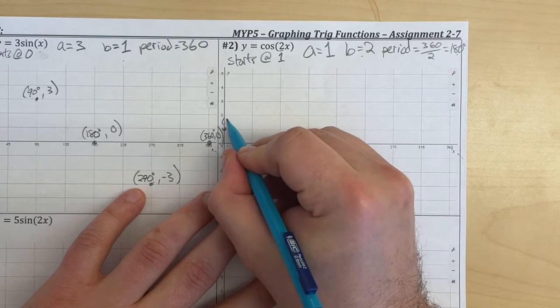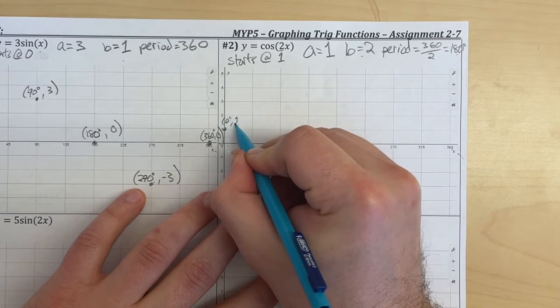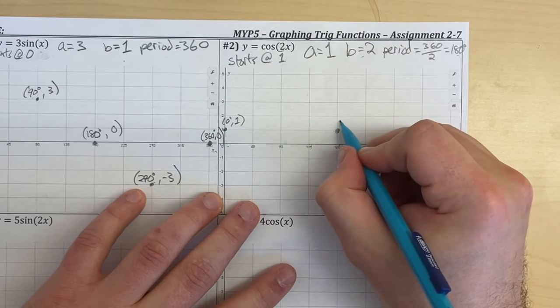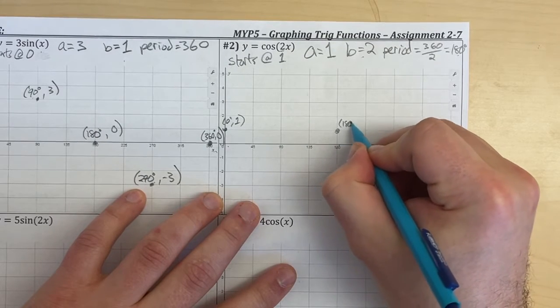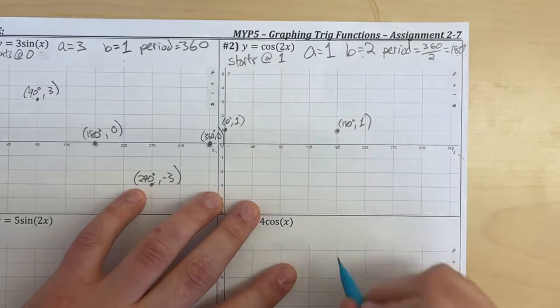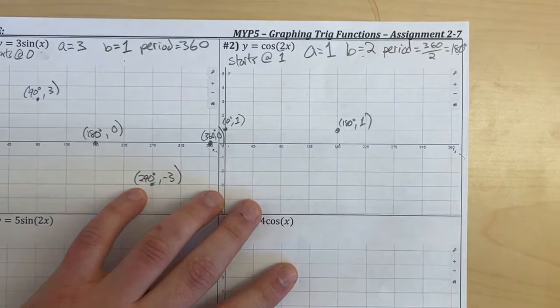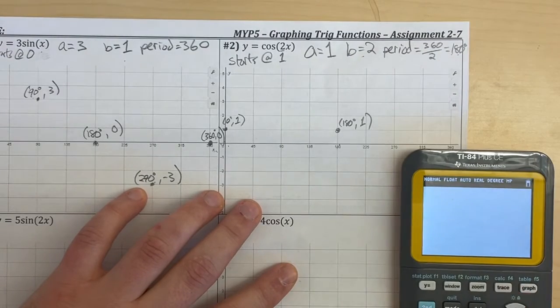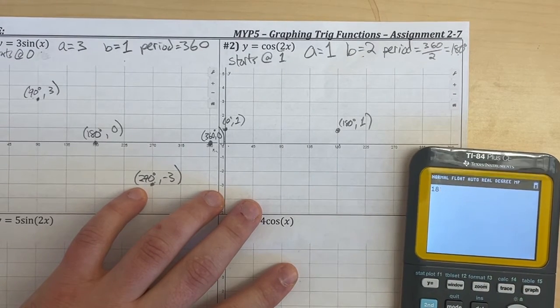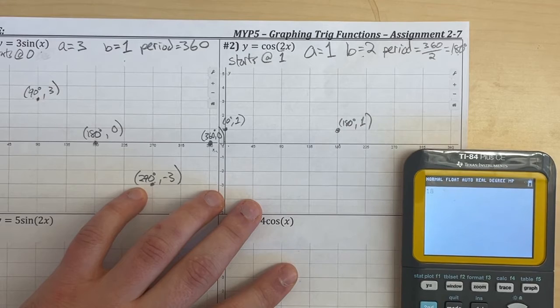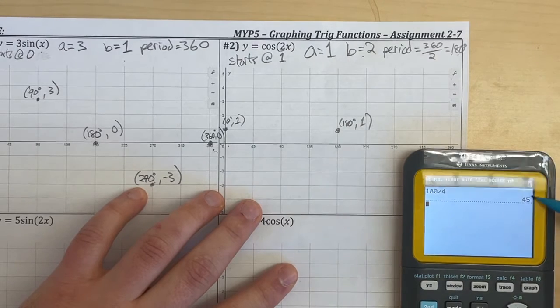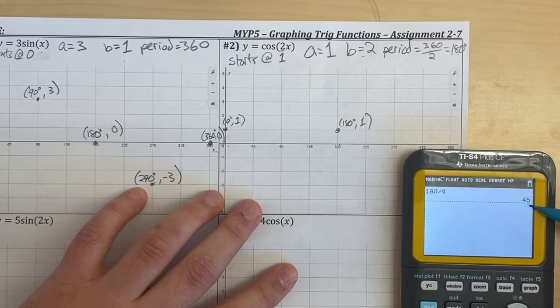So when x equals 0 degrees, I have 1, and when x equals 180 degrees, I have 1. Now, what I can do is this. I can take 180 divided by 4 to figure out where my other points are going to be. So 180 divided by 4 is 45 degrees. So that means I can set my table to be changing every 45 degrees.